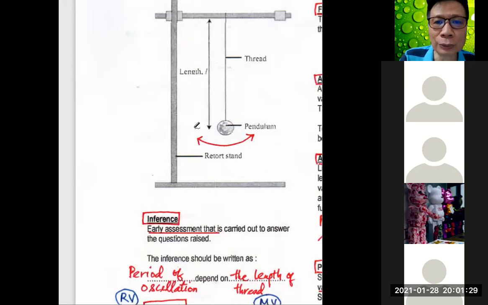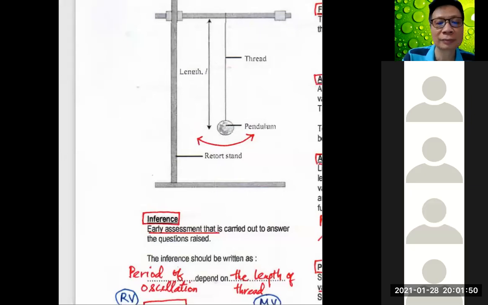Then how to determine one complete oscillation? One complete oscillation is from where to where? Isabel, do you know or not? One complete oscillation is how this thing moves? From left to right and right to left. Yes, very good.